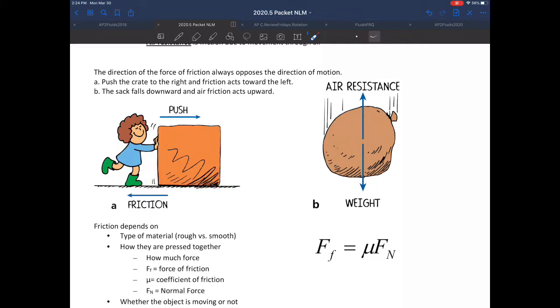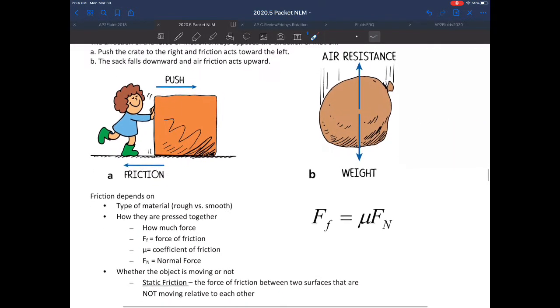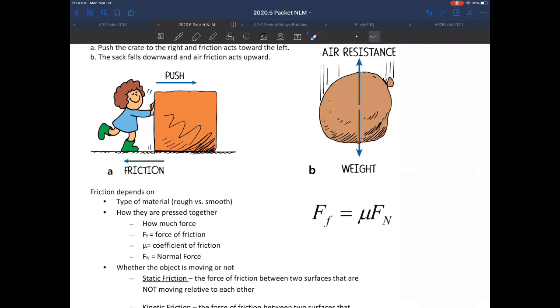When it comes to air friction, this is moving down with the velocity, so the friction force from the air, or air resistance, would be up. If something is thrown up like a tennis ball, then the air friction would be down and mg would be down. And that's totally possible too. So there are times when friction will go with the motion.